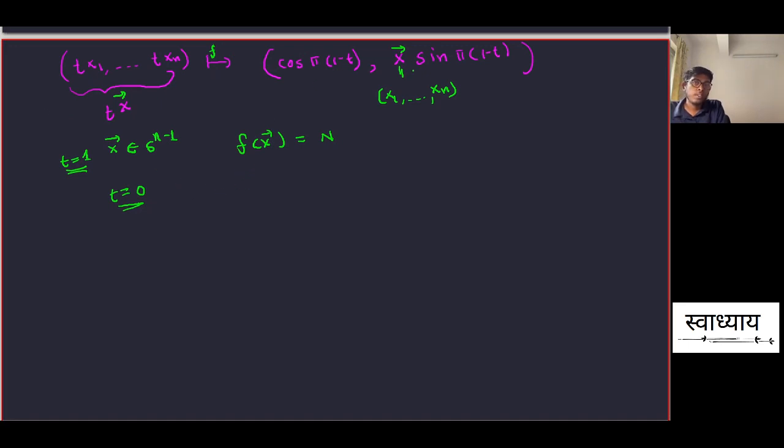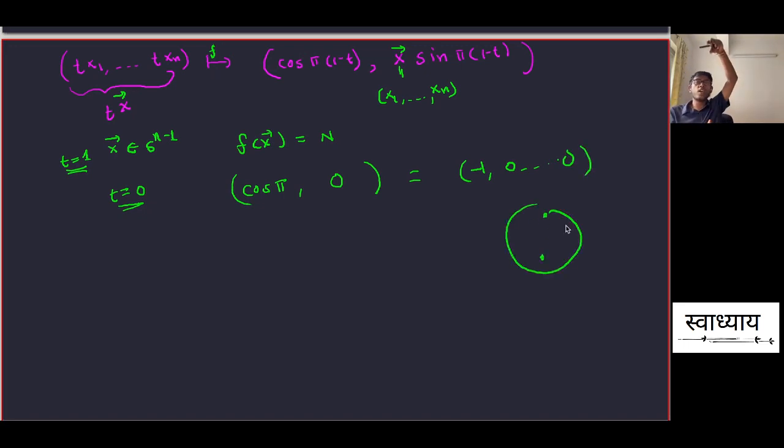That will go to cosine pi, and all the other coordinates will be 0. So this is equal to minus 1, 0, 0, 0, which is precisely the South Pole. So you see that now the two extremes are the thing that we want.